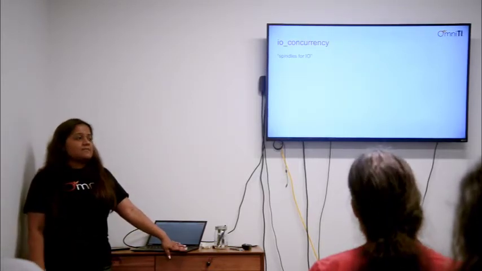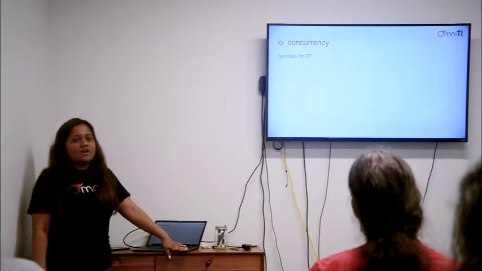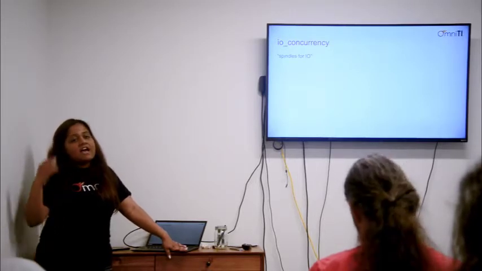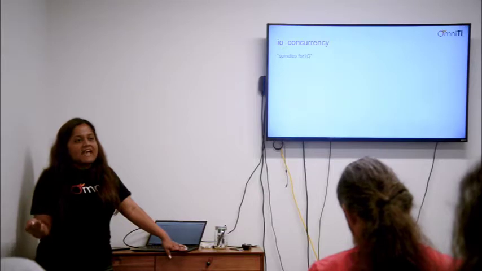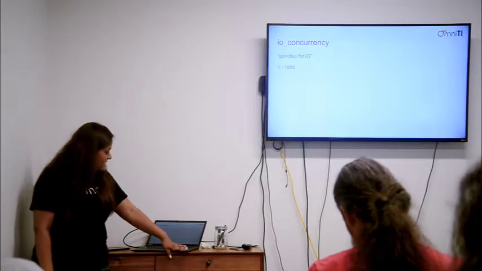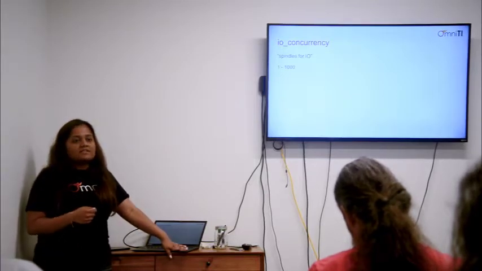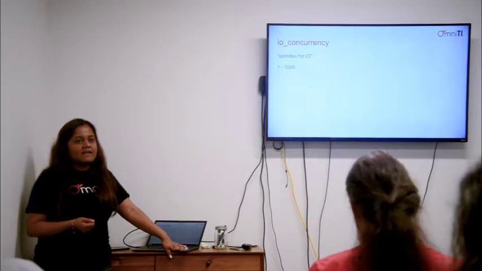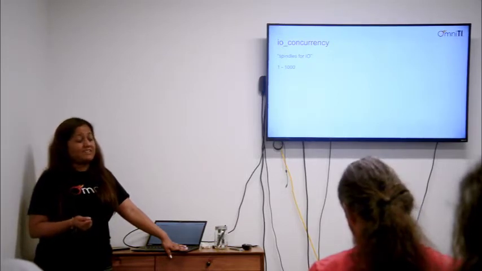I/O concurrency is basically how many spindles you have for your I/O activity, basically parallel access to your disk. For SSD, the available value is 1 to 1000. By default it is 1, so you definitely want to increase it.